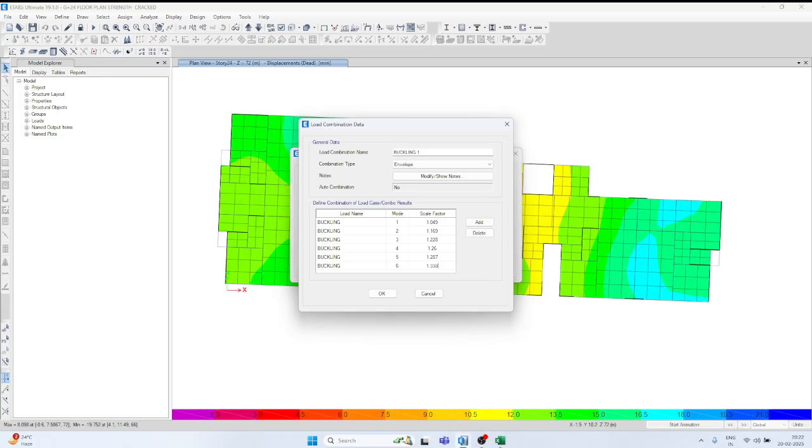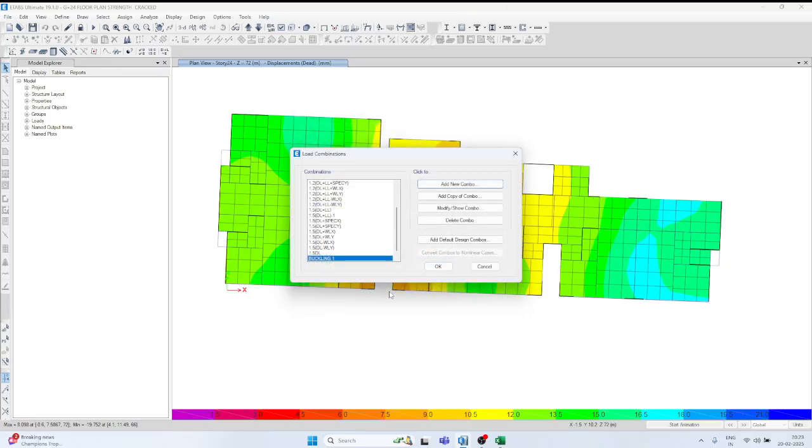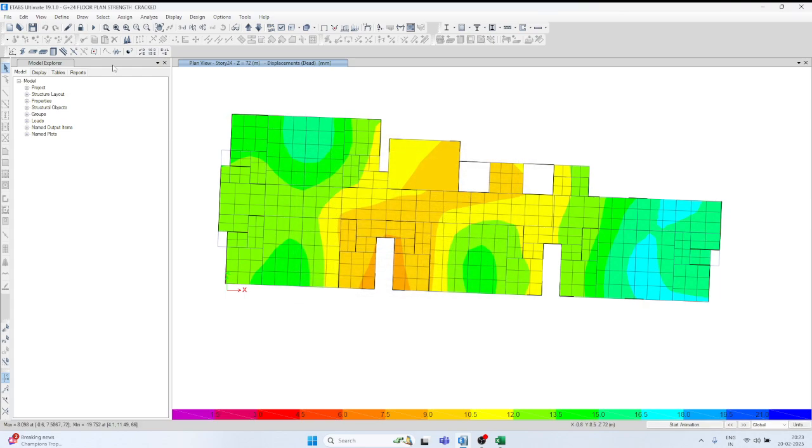It's already completed, just click OK, here completed, just OK.